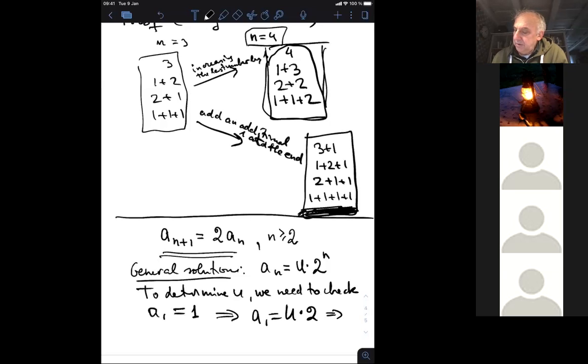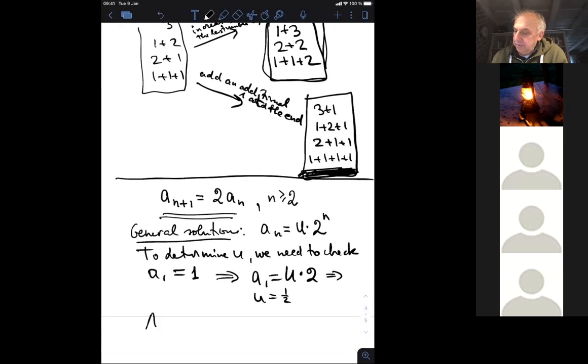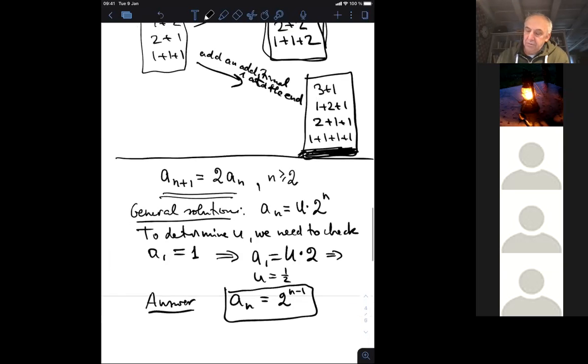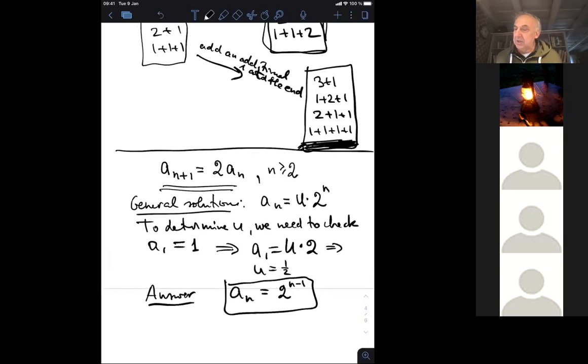So we'll get u equals 1/2, and the total answer would be, as was said, a_n equals 2 power n minus 1. U equals 1/2 leads us to a_n equals 2 power n minus 1, and that's exactly what we proved earlier, that the number of compositions of a number n is just 2 power n minus 1. This is a different way to do this using recurrences.